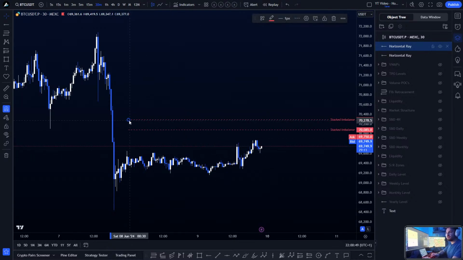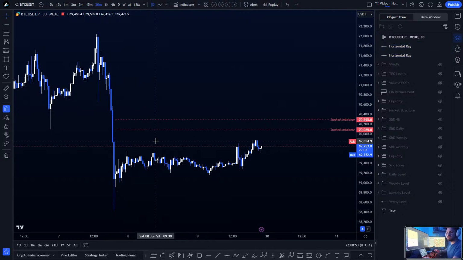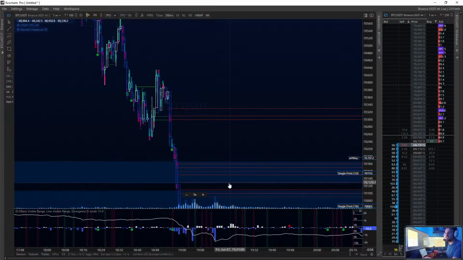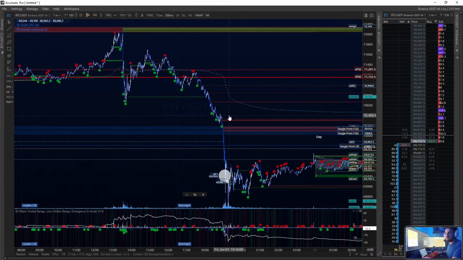So this is like a $300 space where something can happen. I like to mark out the first one and the top one. And then we have more to the upside, but if we get there, we're gonna get into other things. I think the stacked imbalances become irrelevant.